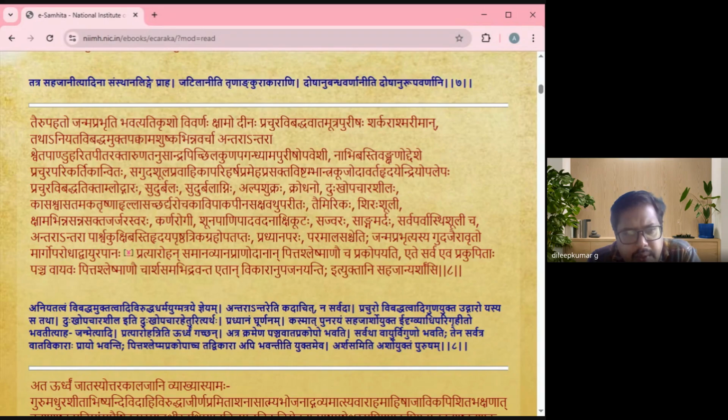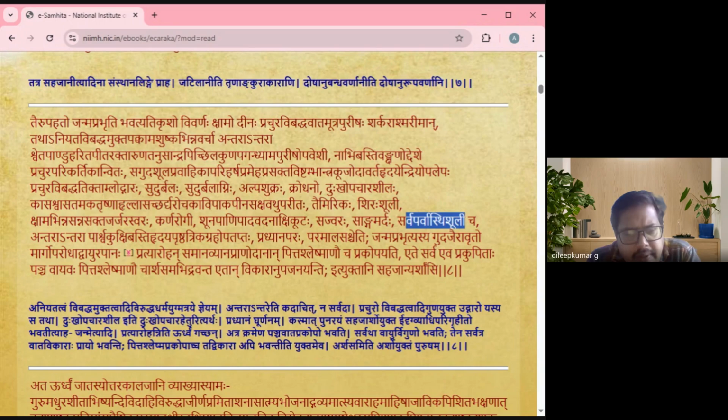He is associated with Kasa, Shwasa, Tamaka, respiratory diseases, Shirashula, Karanarogi, ear diseases, swelling in the face, Shuna Panipada Vadana Akshikuta, and may be associated with Pandu, Angamarda, and Sarva Parvasti Shula, pain in all joints.